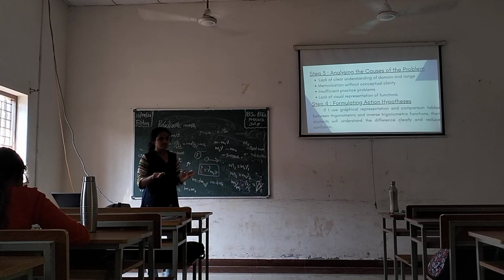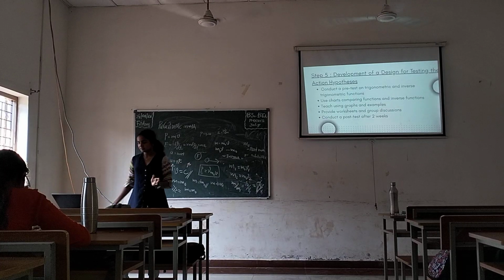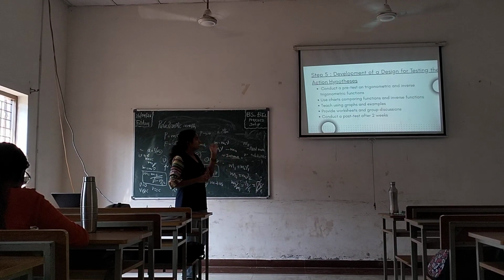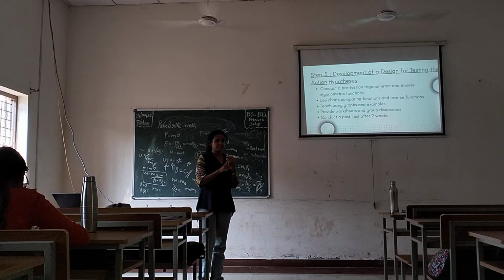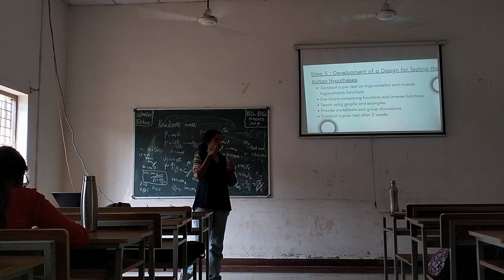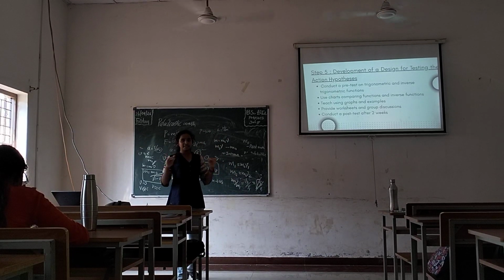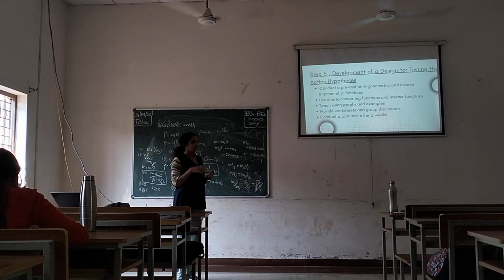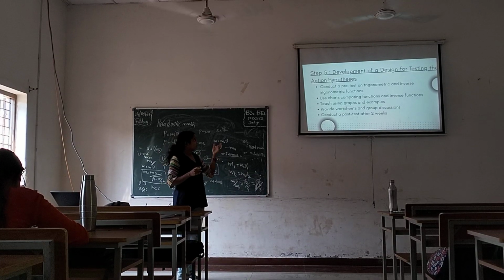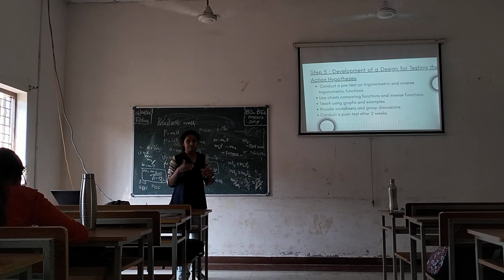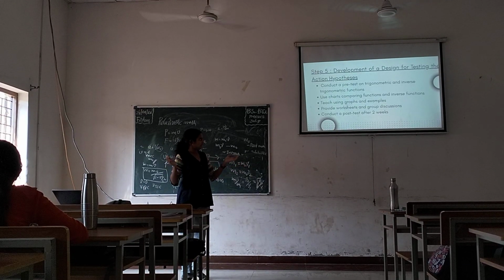The next step is to develop some design for testing the action hypothesis. The first one is the teacher conducting a pre-test to understand how much the students know. To know the basic level of the students, the teacher conducts a pre-test. Then the teacher is using teaching materials like charts to compare trigonometric and inverse trigonometric functions.